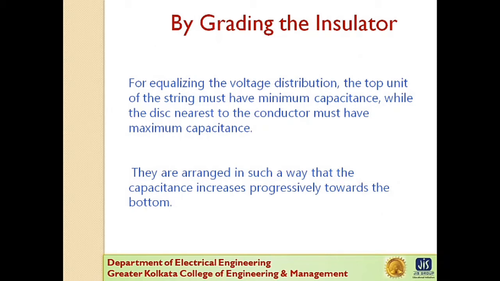Next one is by grading the insulator. In this method, insulators of different dimensions are so chosen that each disc has a different capacitance.